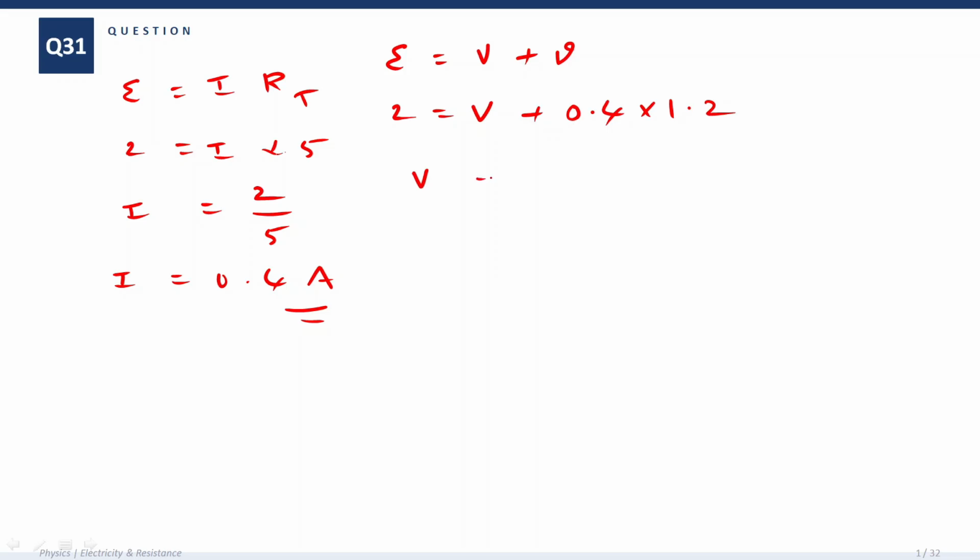Then V equals 2 minus 0.4 times 1.2. 4 times 12 is 48, with 2 decimal points, so 0.48. Then V equals 2 minus 0.48, which gives 1.52 volt.